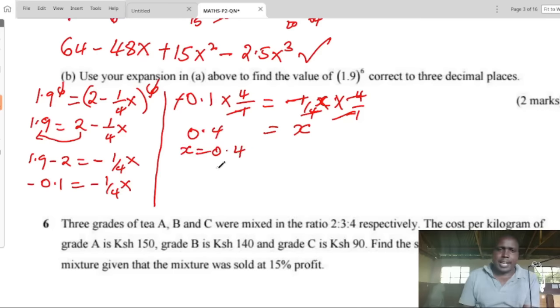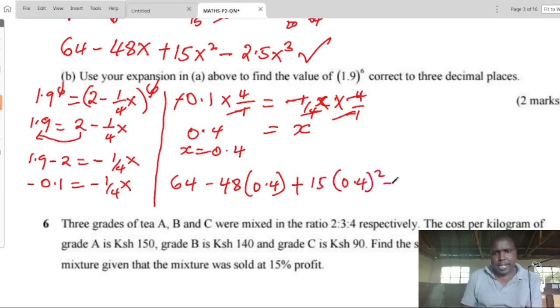Once we have the x, we substitute this value of x in our expansion. So we will have 64 minus 48, where there is x you put 0.4, plus 15 into 0.4 squared minus 2.5 into 0.4 cubed.